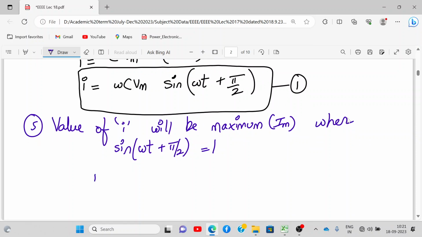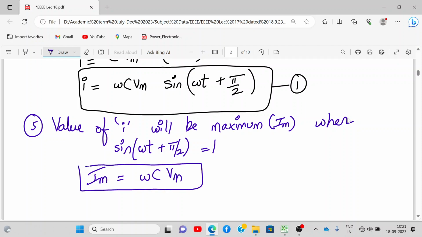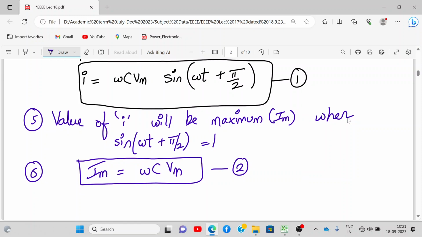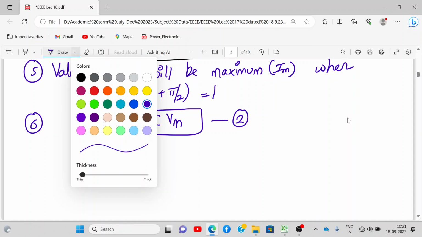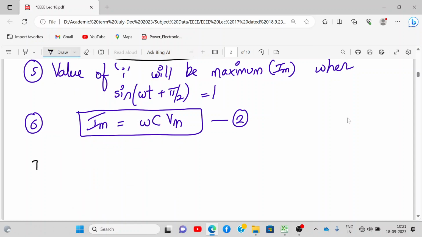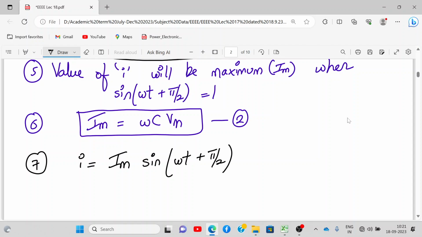So what will be Im now? Im is omega C Vm, called as equation number 2. Okay. So what will be I given by now? I will be given by Im sine of omega t plus pi by 2.